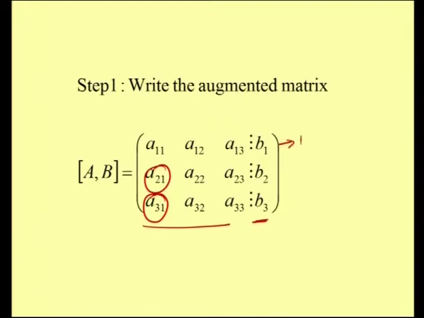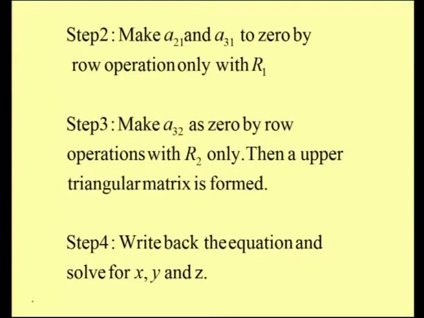This particular row is called row 1, this is row 2 and this is row 3. Then, after A21 and A31 are made 0, make A32 zero by row operations with row 2 only, so that the second row element is not disturbed. Then an upper triangular matrix is formed. Write back the equations and solve for x, y, z.